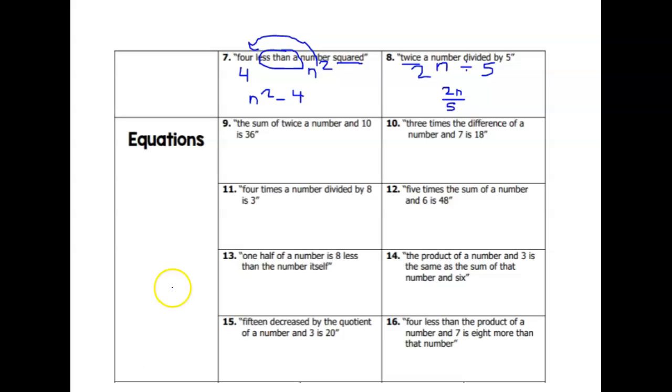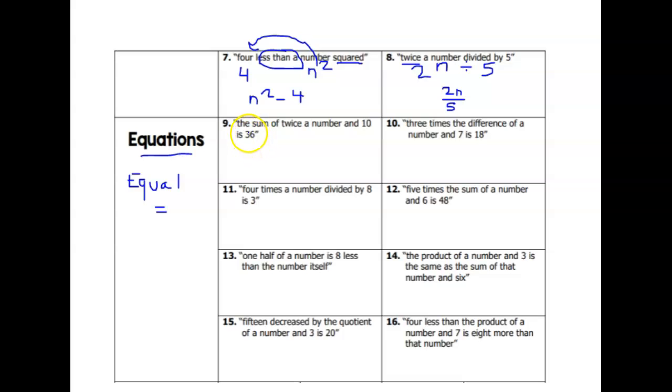That is the difference. So when we look at these equations and we're translating equations, we're going to know it's an equation because it should equal something. We should have an equal sign. It's going to say, is this, or is that? And that will give us the signal that it equals something, okay?